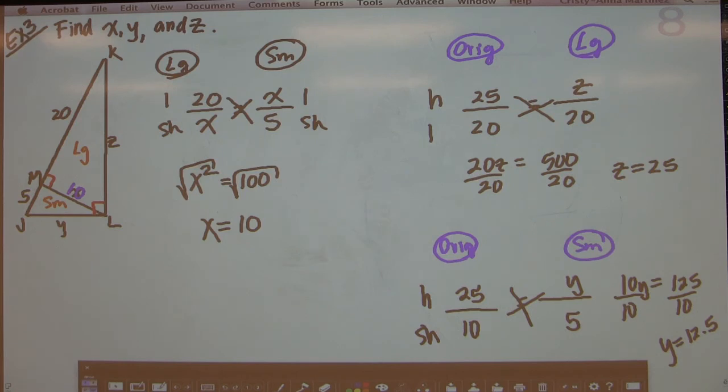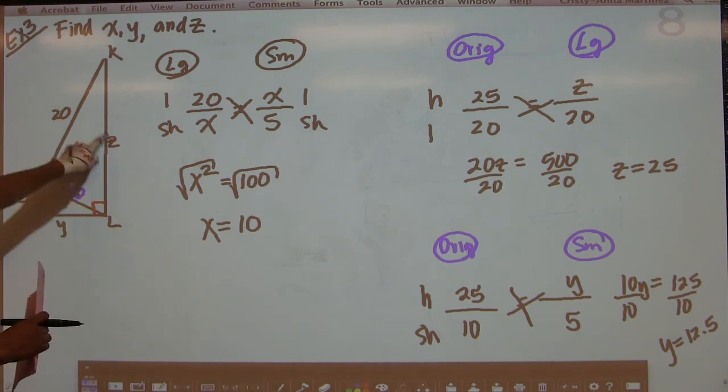And I want to make sure that I did that correctly. I'm just checking my work here. Original to large is hypotenuse to long. Original to small, hypotenuse to short. Original triangle is right here.